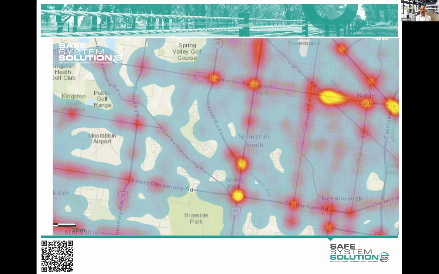So this is a little snip of heat mapping of death and serious injury, and this one happens to be out of metropolitan Melbourne. Signalised intersection, signalised intersection, signalised, signalised, signalised.